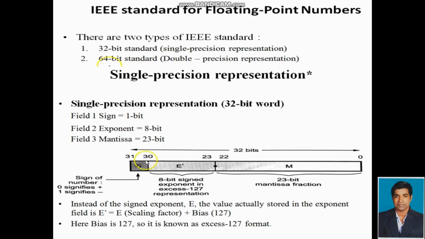Instead of the signed exponent E, the value actually stored in the exponent field is E dash, equal to E of the scaling factor plus bias 127. Here the bias is 127, so it is known as excess 127 format.